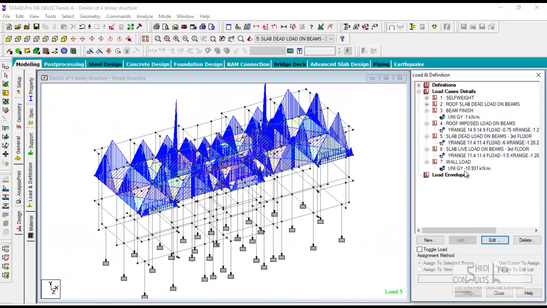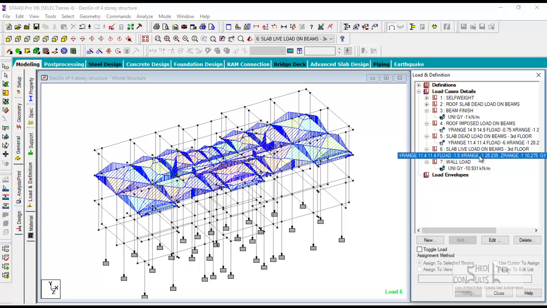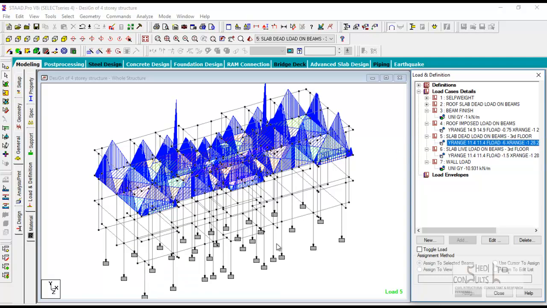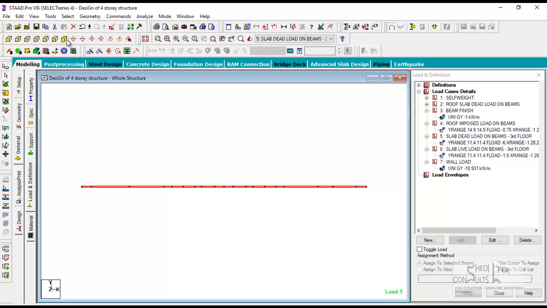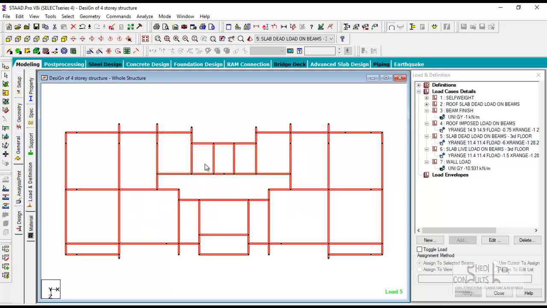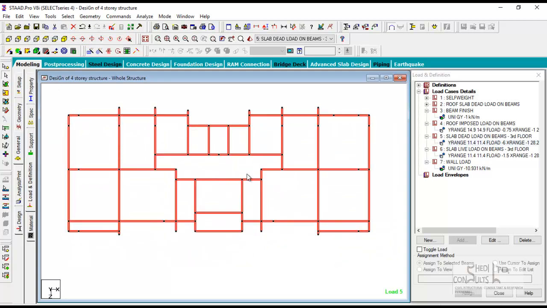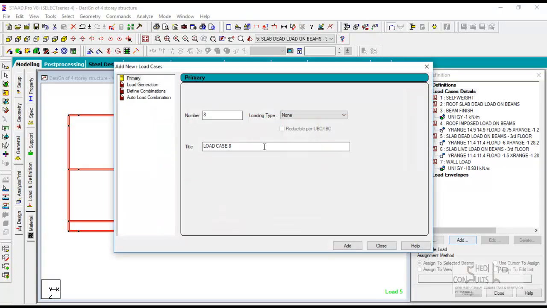So we move to the second floor. Let's go to the second floor. So slab dead load on beams on this floor.